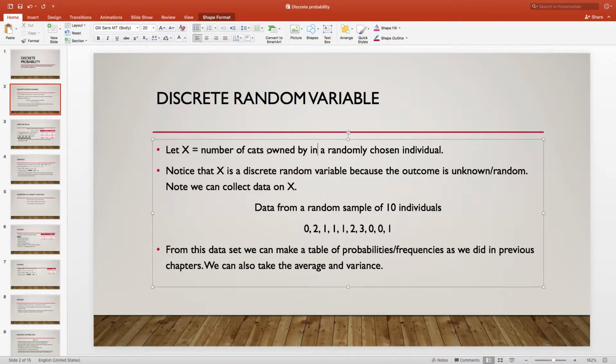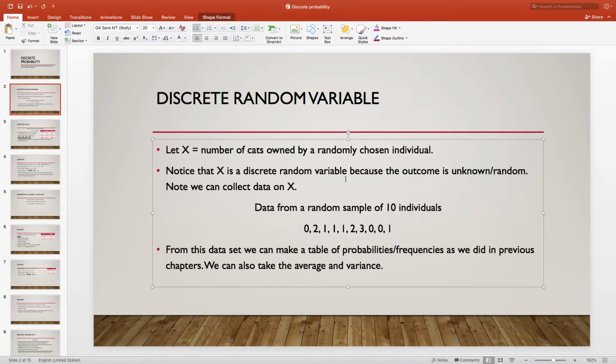Notice that X takes on numbers that are discrete. You could have 0, you could have 1, you could have 2, it could keep going. But this is called a discrete random variable because the outcome represents a whole integer. It could be either finite or infinite.